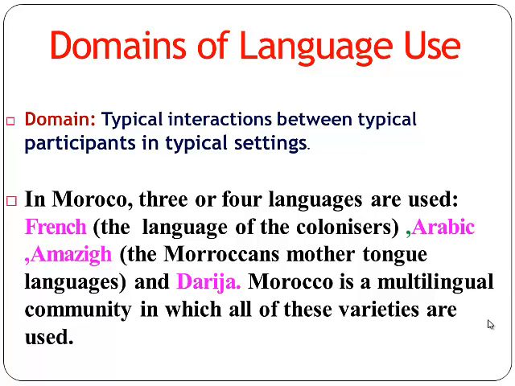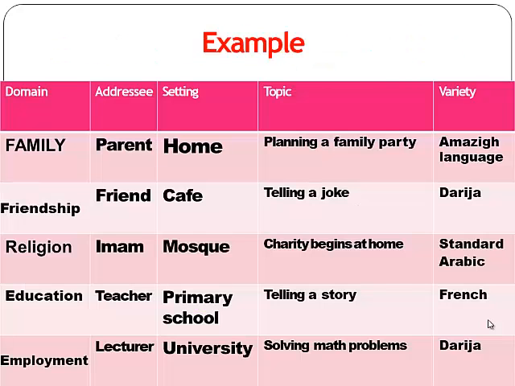We have French, the language of the colonizers, and we have Arabic and Amazigh, the Moroccans' mother tongue languages, and we have Darija, the informal language of Morocco. Morocco is a multilingual community in which all of these varieties are used. Example? So, we have the domain and the addressee and the setting and then the topic and then the variety.